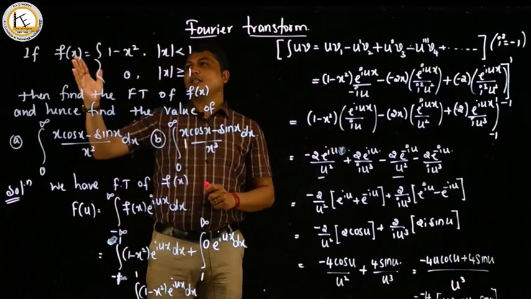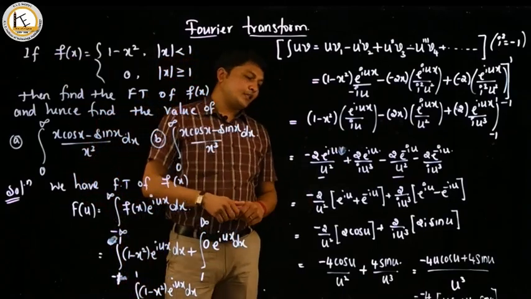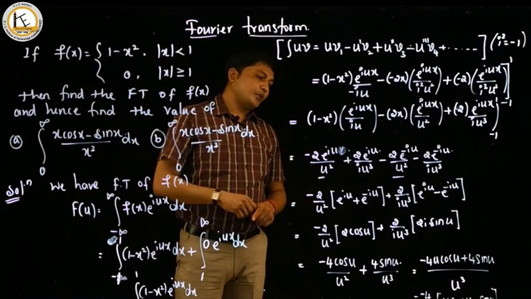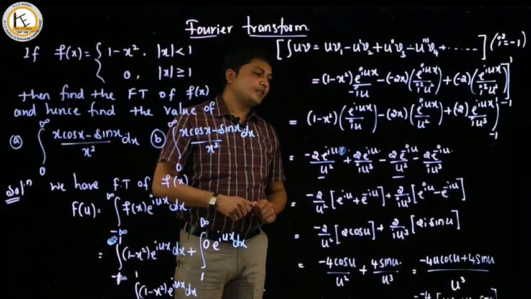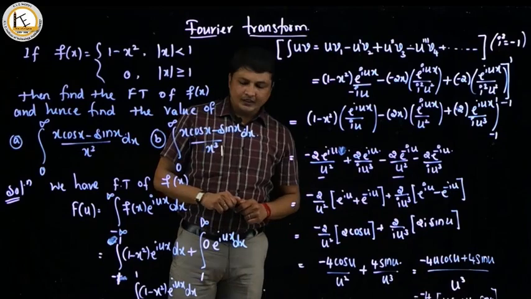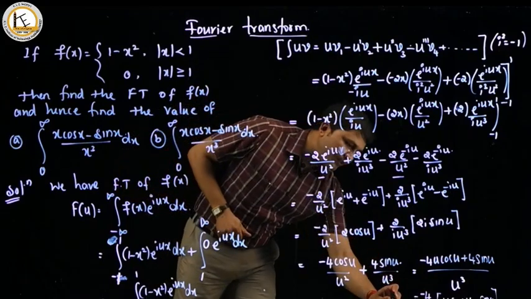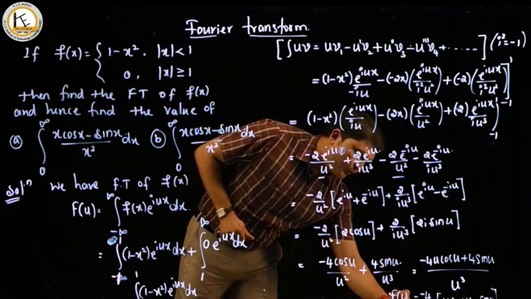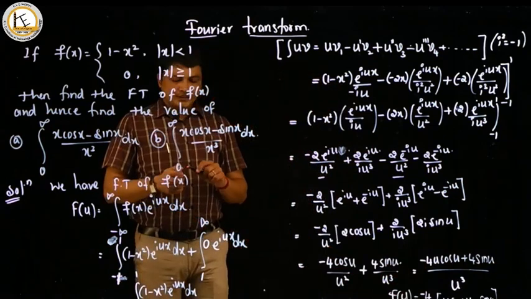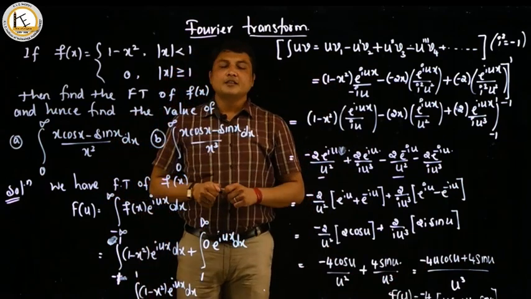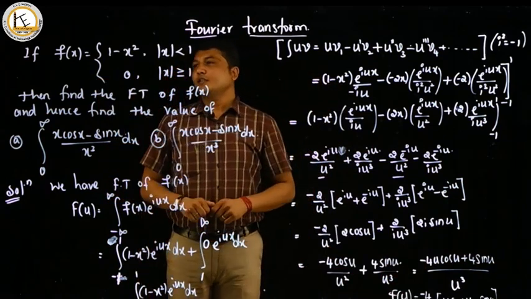So the Fourier transform of f of x is given as minus 4 by u cube into u cos u minus sin u. Okay, so that is nothing but F of u. So this is the first part of the problem.